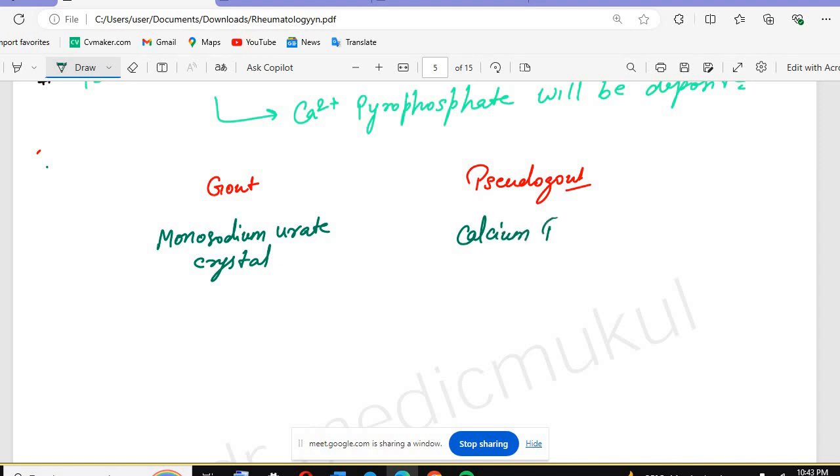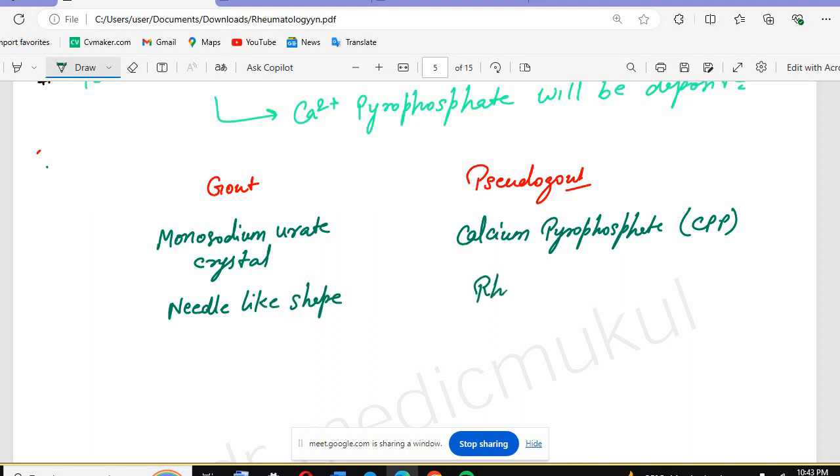Sometimes they write CPP also, calcium pyrophosphate. What is the shape of these crystals? Monosodium urate crystals are needle-like, and calcium pyrophosphate crystals are rhomboid-shaped.